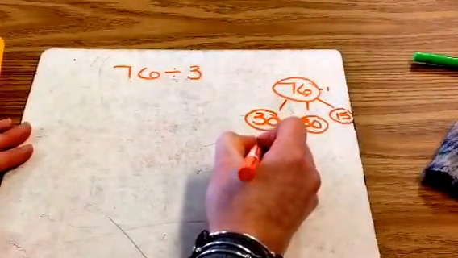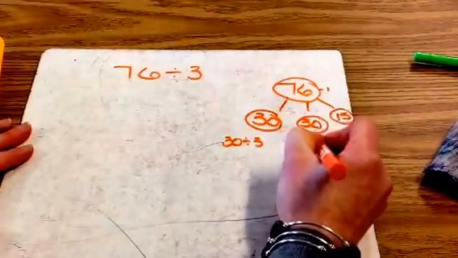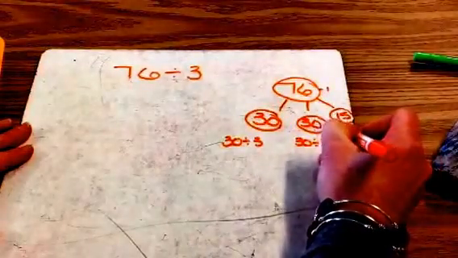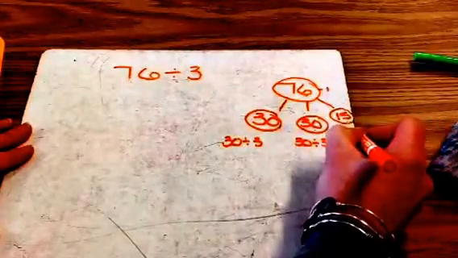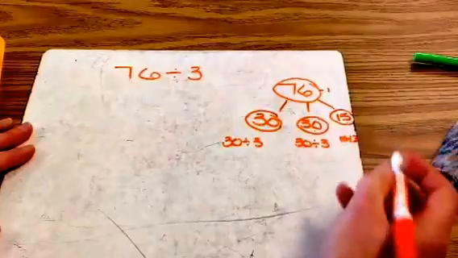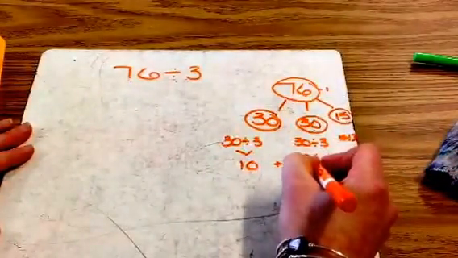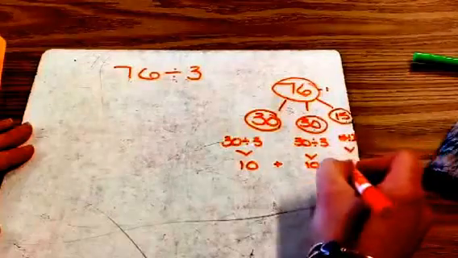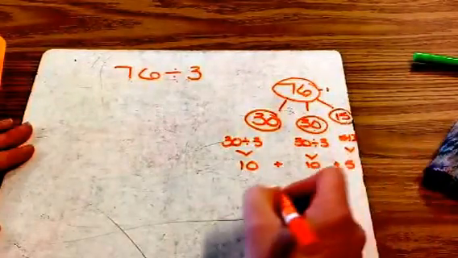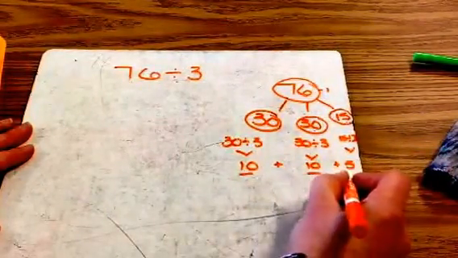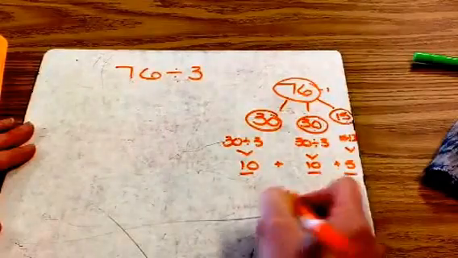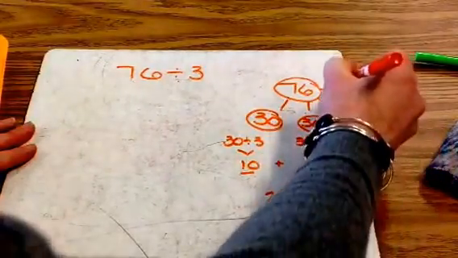I know my divisor is 3, so each of these will be divided by 3. That one's hard to read, sorry. 30 divided by 3 is 10. 30 divided by 3 is 10. 15 divided by 3 is 5, which gives me 10, 25. But don't forget that remainder.